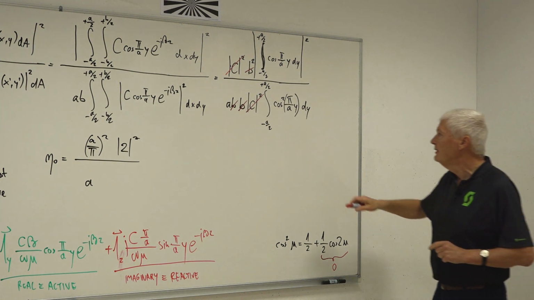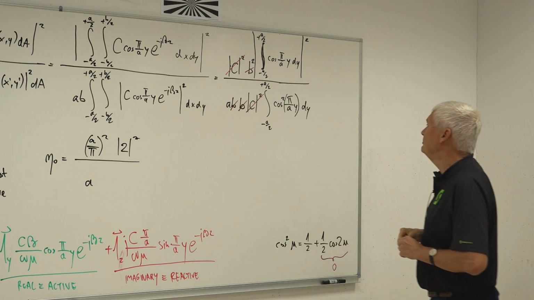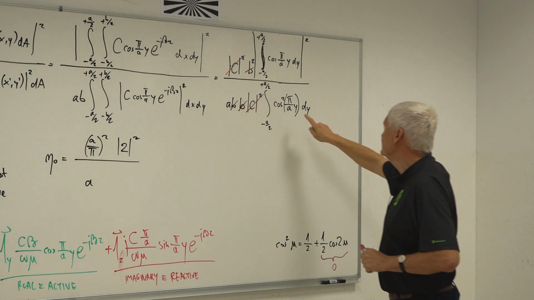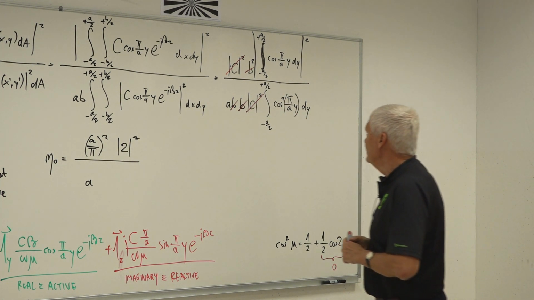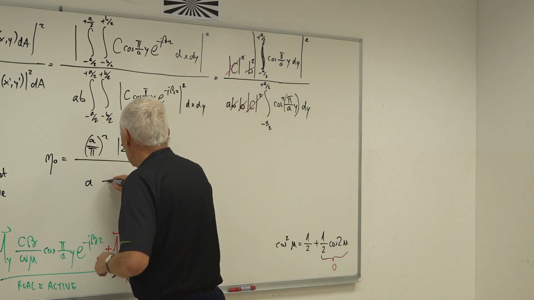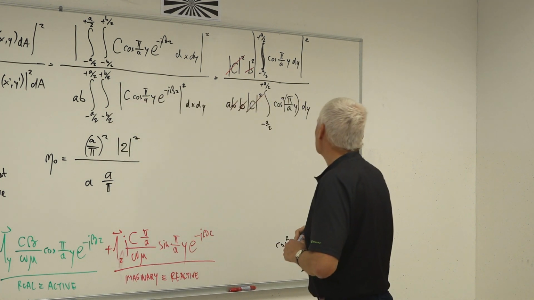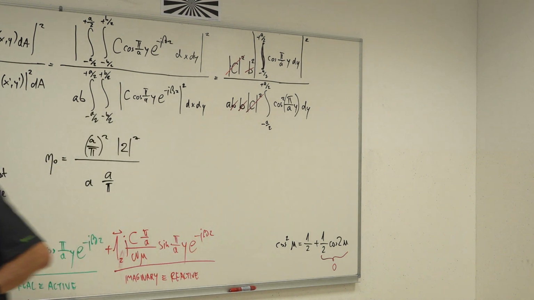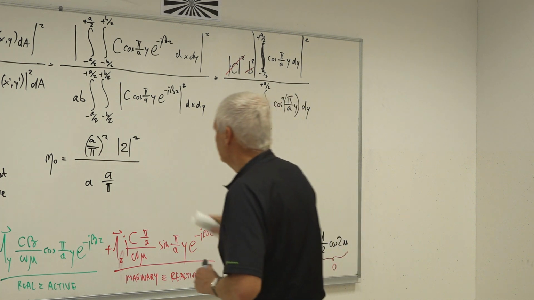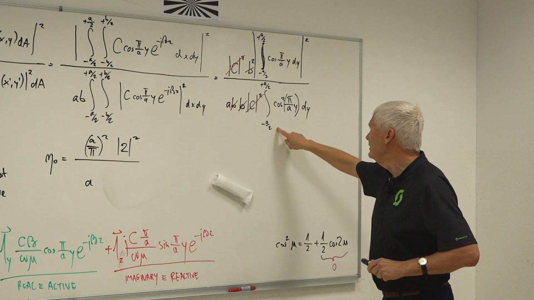It's just 1/2 left, multiplied by the integration interval, which is a.